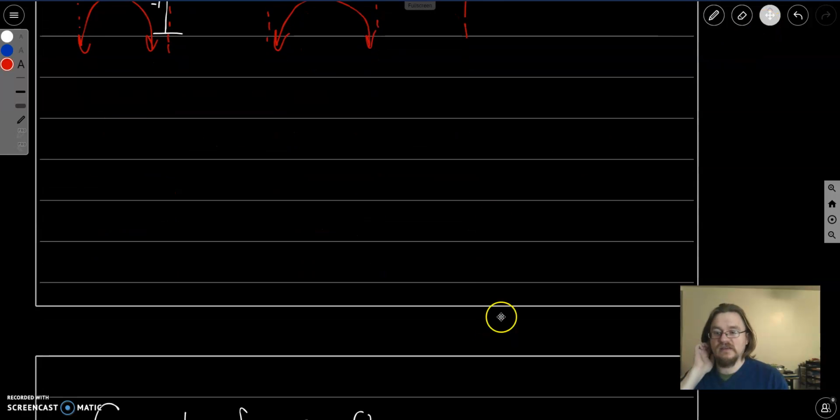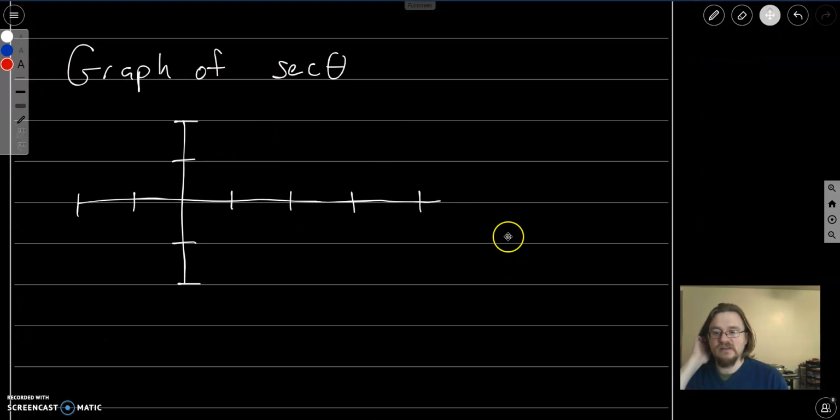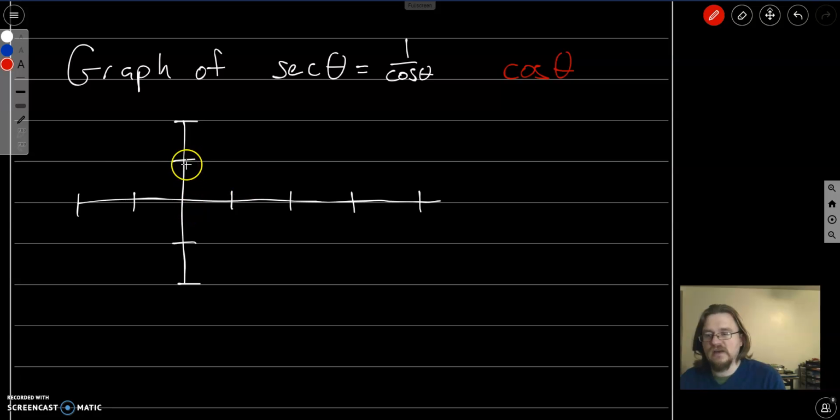The secant function looks very similar, since the secant is going to be 1 over cosine, and the cosine and sine functions look very similar. So let's put the cosine in red, and I'll remember to do this in red this time.